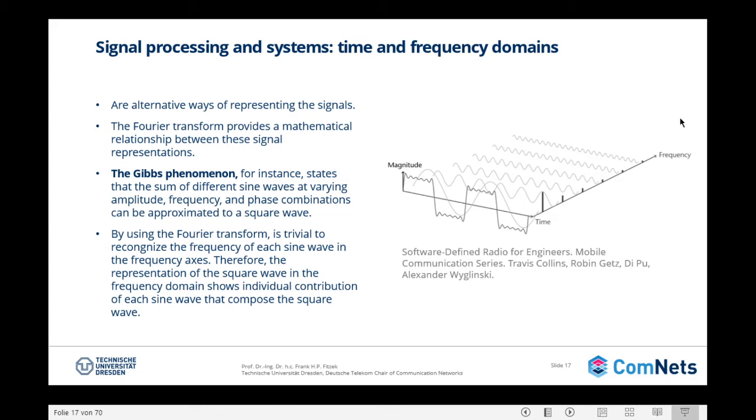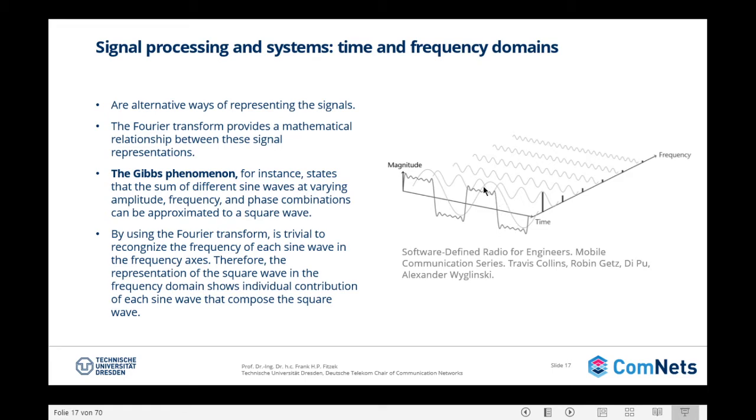As an example, let's review the Gibbs phenomenon. If we have different signals with different amplitudes, different frequencies, and different phases, and we sum all these signals together, we are going to have approximately a square wave.